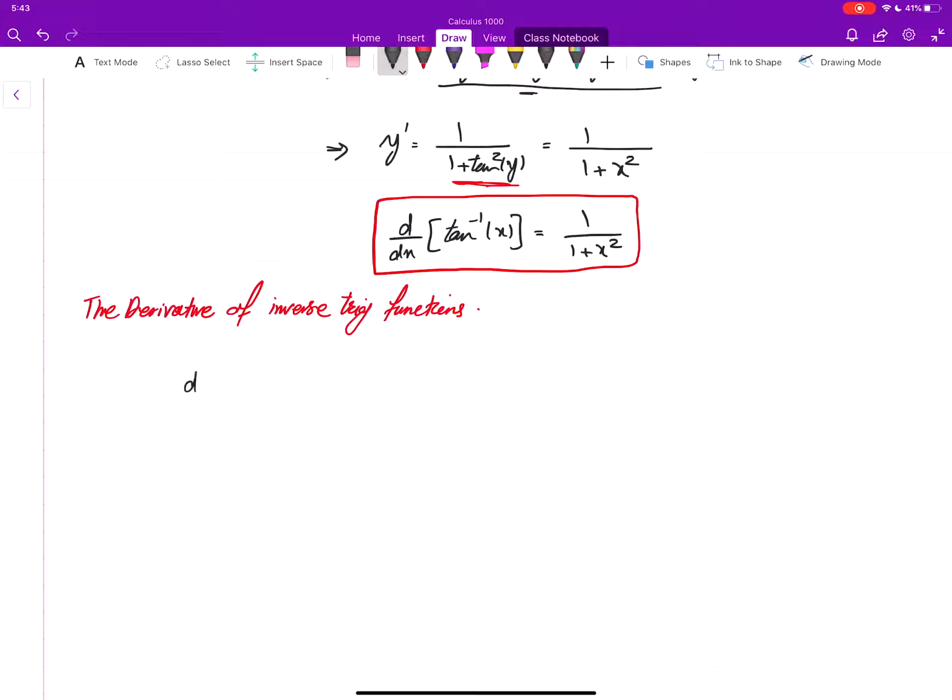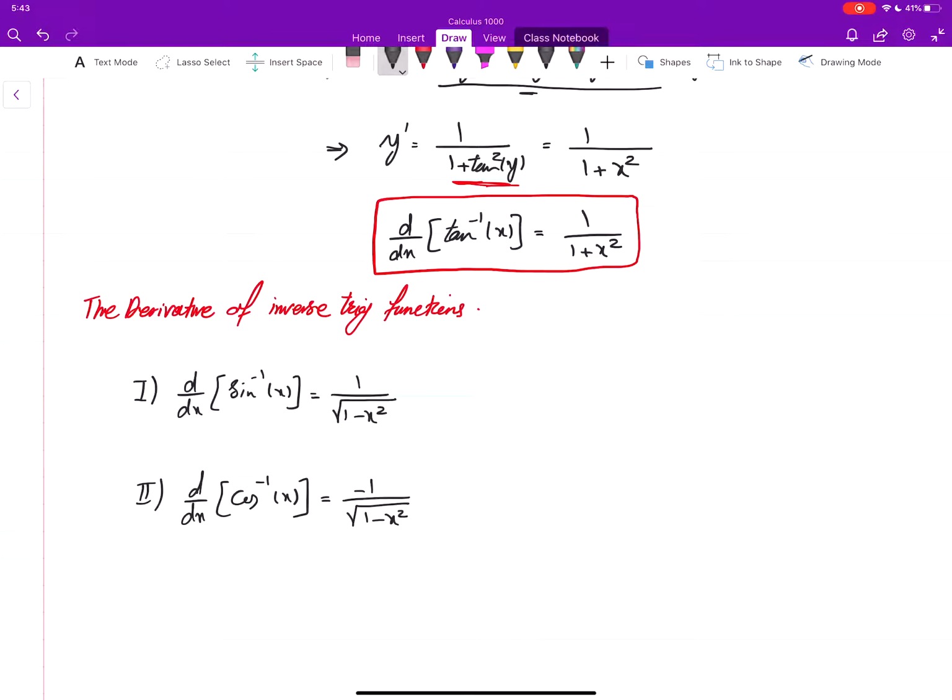Let us start listing all of them. The derivative of sine inverse, or arc sine, is 1 over the square root of 1 minus x squared. The derivative of cosine inverse of x is negative 1 over the square root of 1 minus x squared.